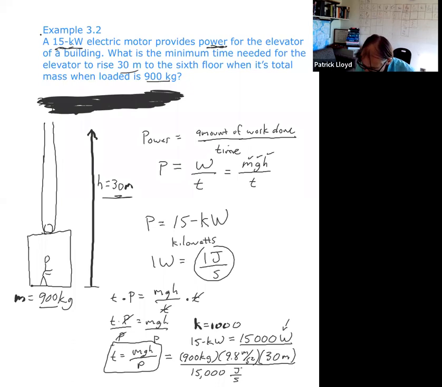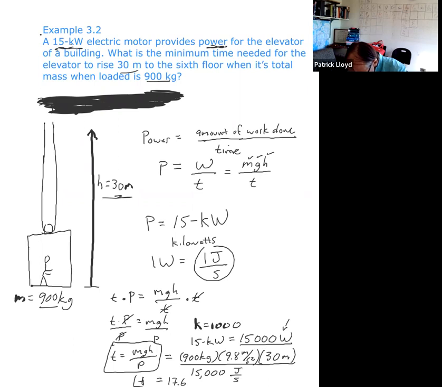Okay. Now, I am kind of running out of room over here, but let's go through the arithmetic and then we'll look at the units differently. If you calculate this, what you're going to end up with is a little bit more than 17, a little bit under 18. It comes out to about 17.6, and that's our time.